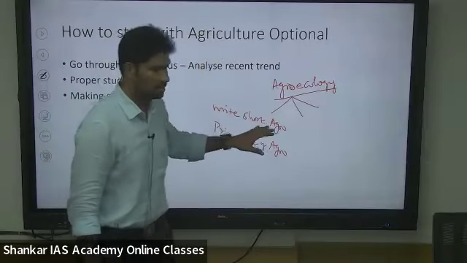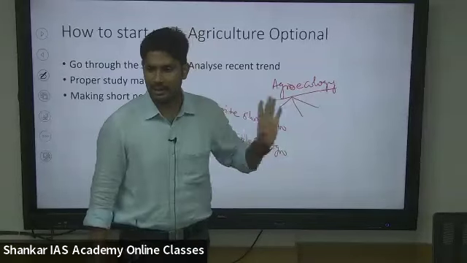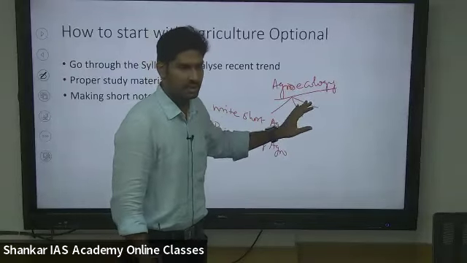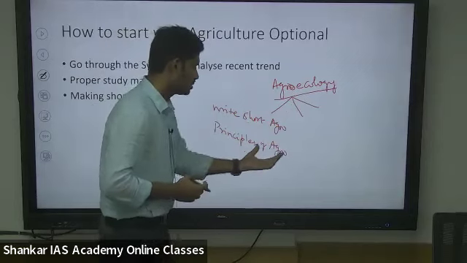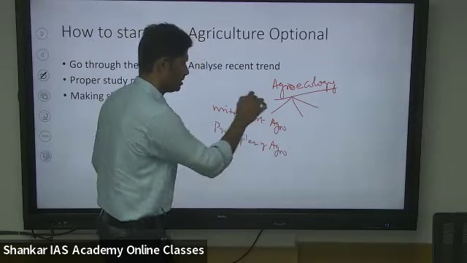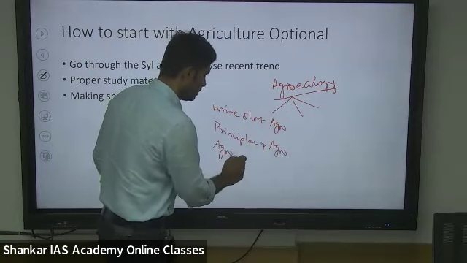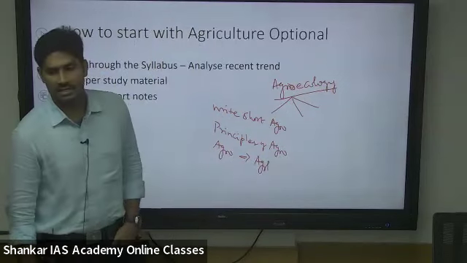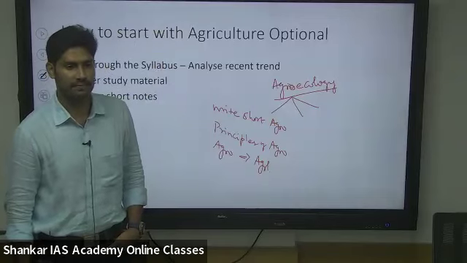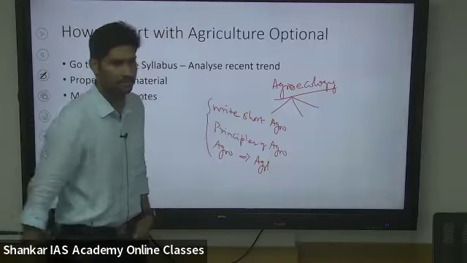These words are not mentioned in the syllabus; they have mentioned only the agroecology topic, but within this topic you have to analyze the possible questions. So: principles of agroecology. Then the next possible question: how will these agroecological principles be applied in agriculture for making agriculture sustainable and productive? These are the possible questions from this single topic, right?